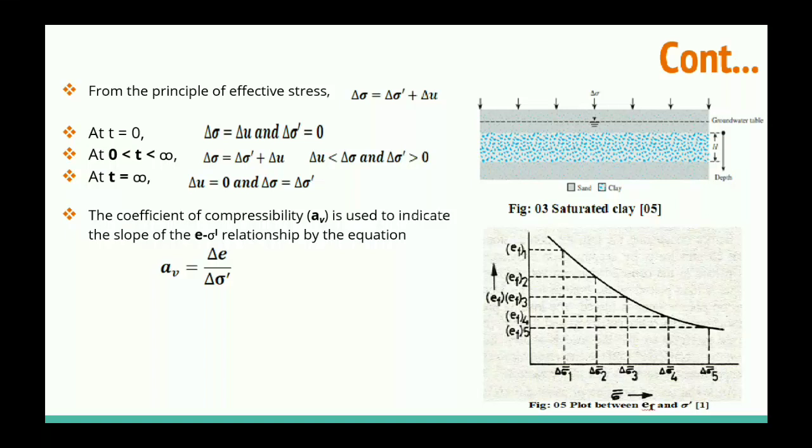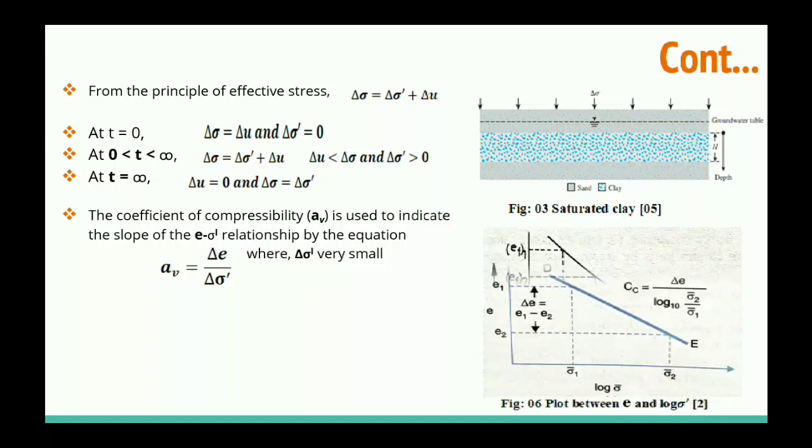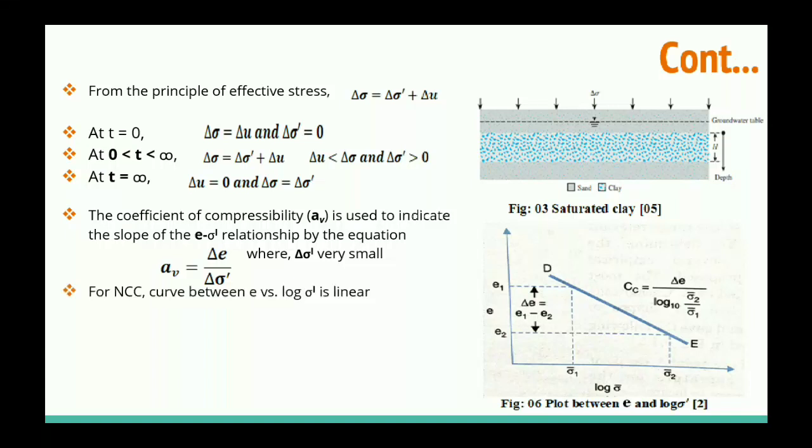And if we plot this graph on the log of effective stress, that is, between the void ratio and the log of effective stress, then we will get this curve as a straight line for normally consolidated clay. If we calculate the slope of this curve, we get the value of Cc, the compression index.